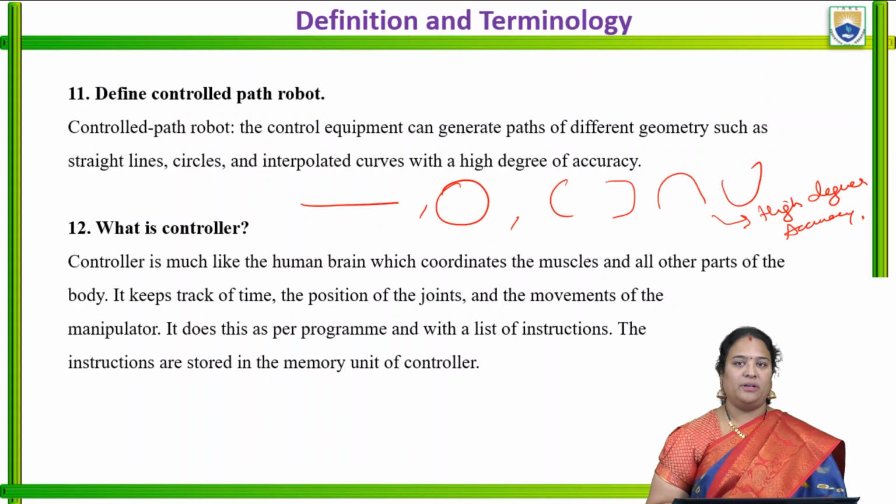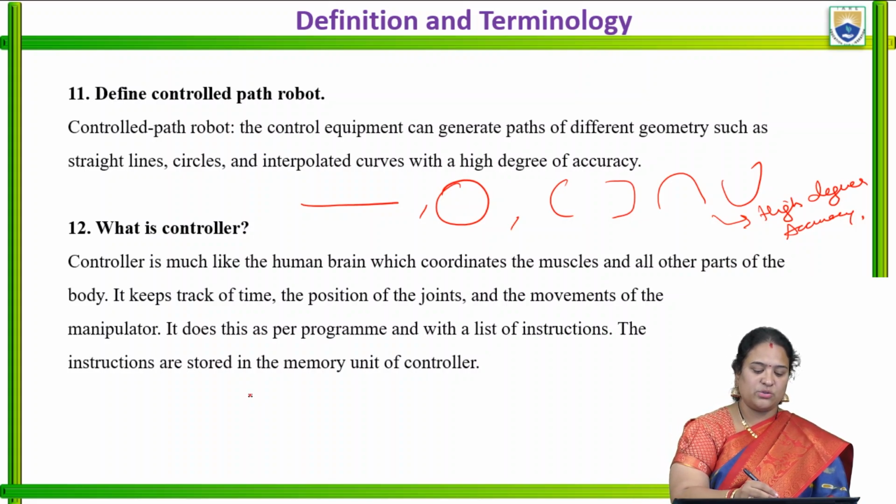When either of these is not there, can we have control on the robot? No. Until and unless we have complete control, the robot cannot do its work most effectively. So, having control on the robot is very important. It is used to program with a list of instructions.